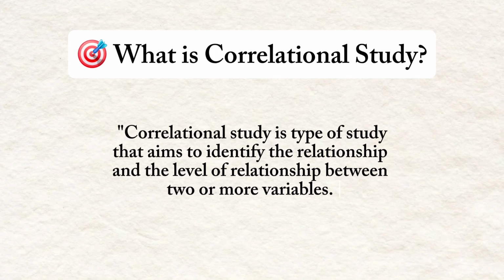Correlational study is a type of study that aims to identify the relationship and the level of relationship between two or more variables. Understanding the level of relationship between variables is very important because it allows researchers to develop findings in accordance with research objectives.